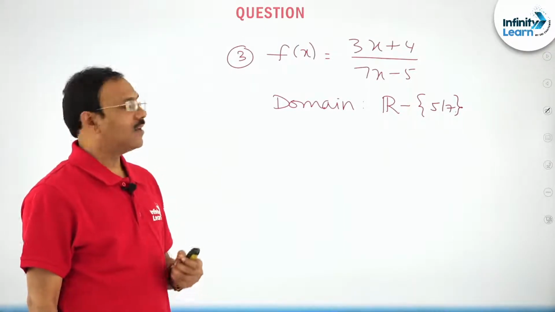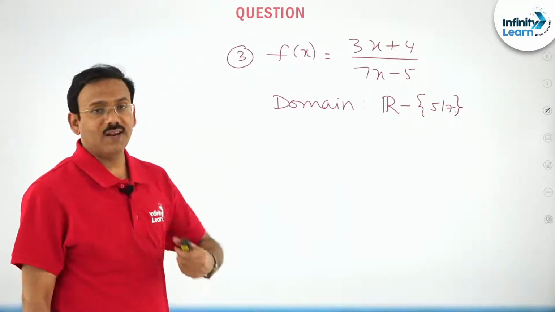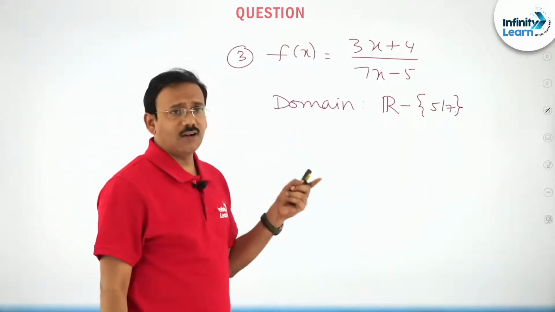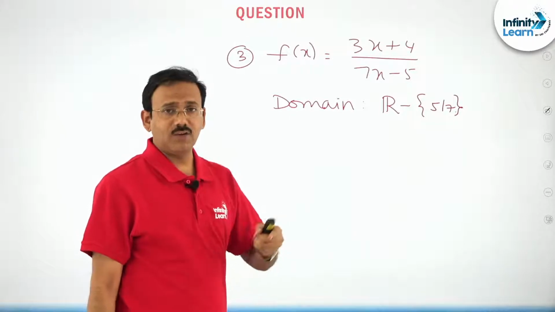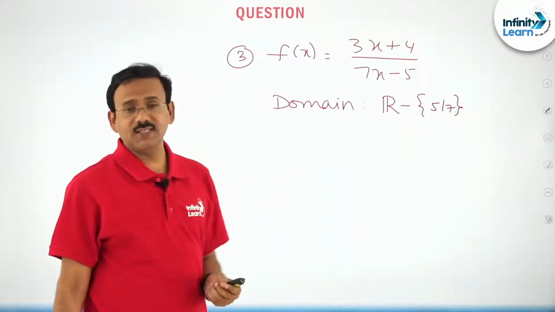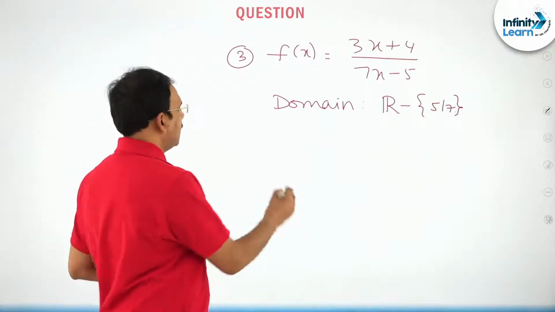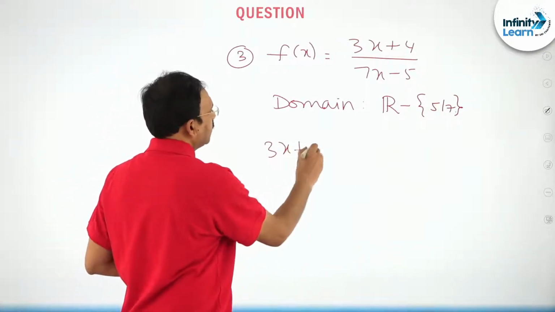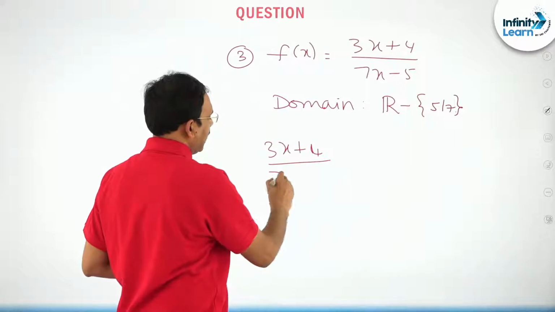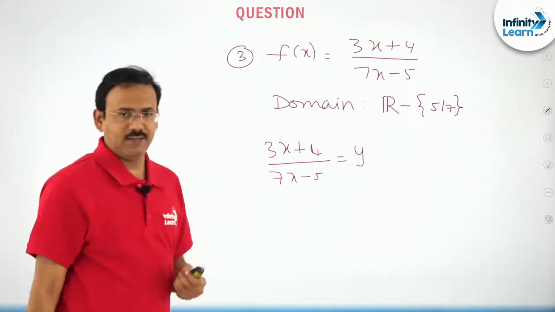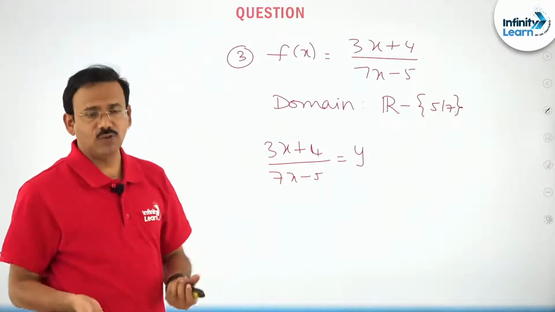Okay. Next, what about the range? How to find the range of this? Of course, we can draw the graph, which is a little difficult compared to the previous one, but to find the range I adopt this mechanism. You see, friends, 3x plus 4 by 7x minus 5, suppose the output value is y. Range means the set of all outputs.